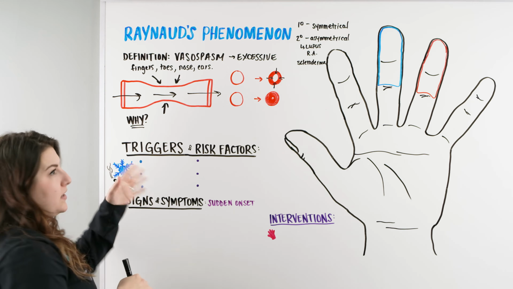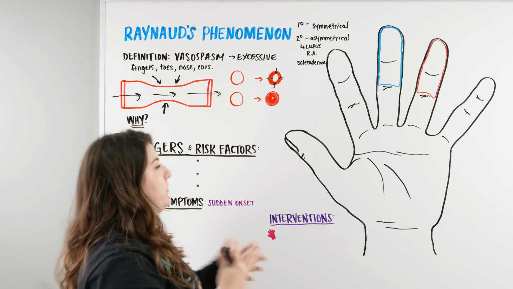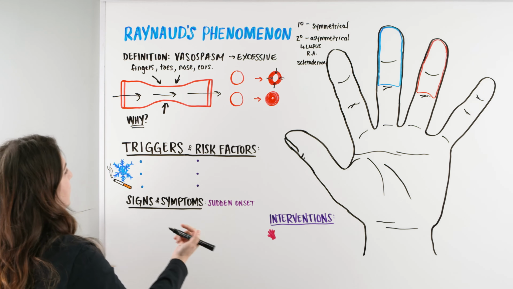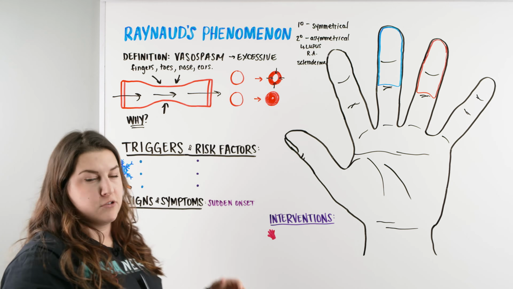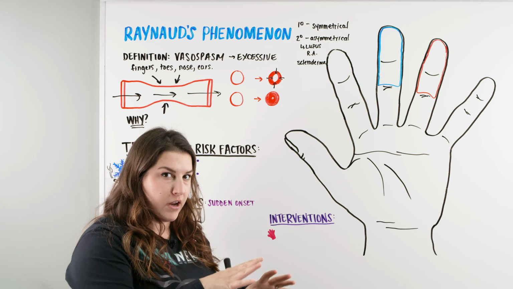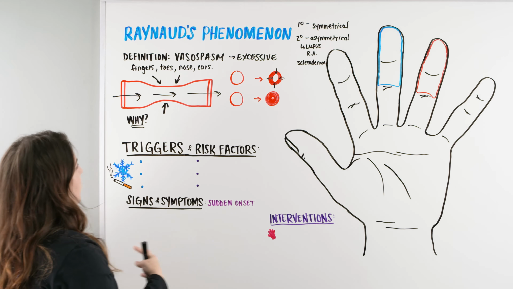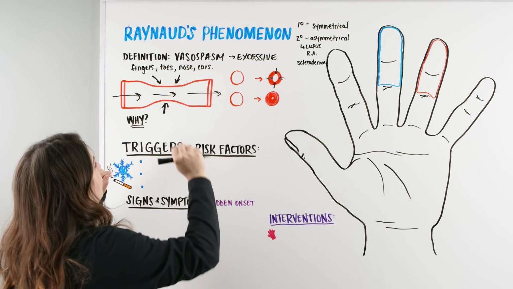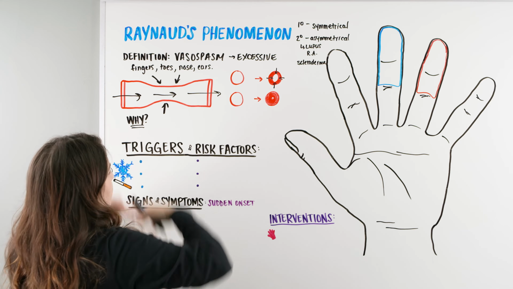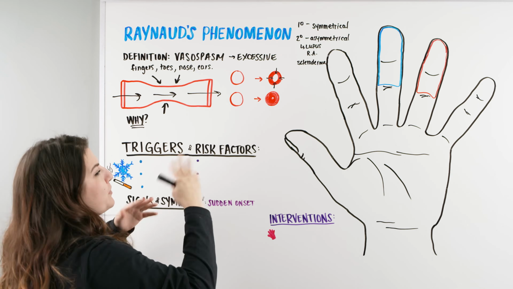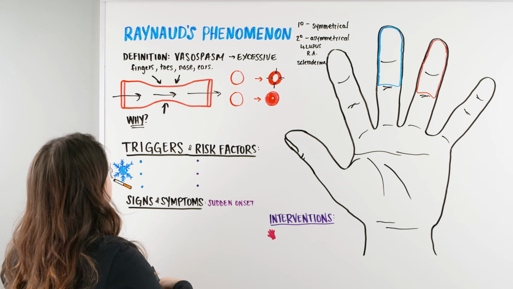Is this normal? Yes, vasospasm is normal. We know that this occurs in our body. What is the whole purpose of that? The whole purpose of a vasospasm is to decrease blood flow to that area, to preserve blood flow to our vital organs within our chest and abdominal cavity. So we're doing this to preserve heat, to preserve perfusion to all those organs.